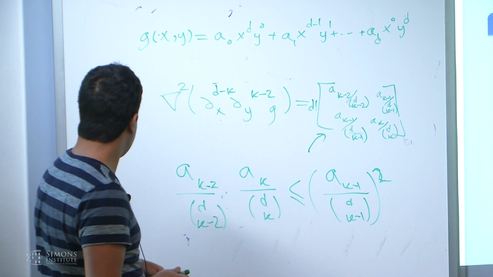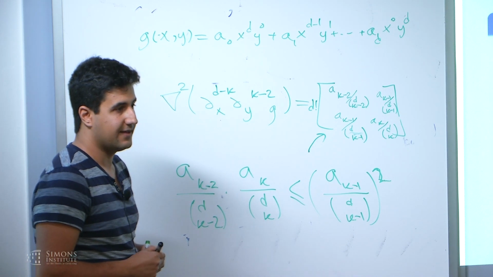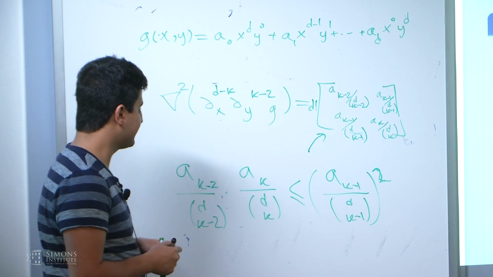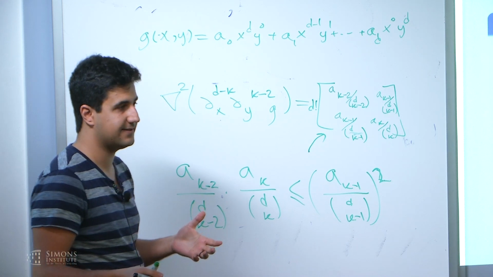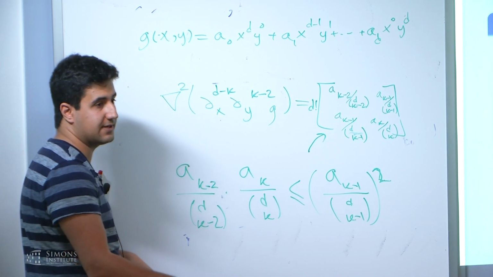So if you have a sequence which satisfies these local conditions, when people are talking about log-concave sequences, what they usually mean is log-concave sequences with no internal zeros.